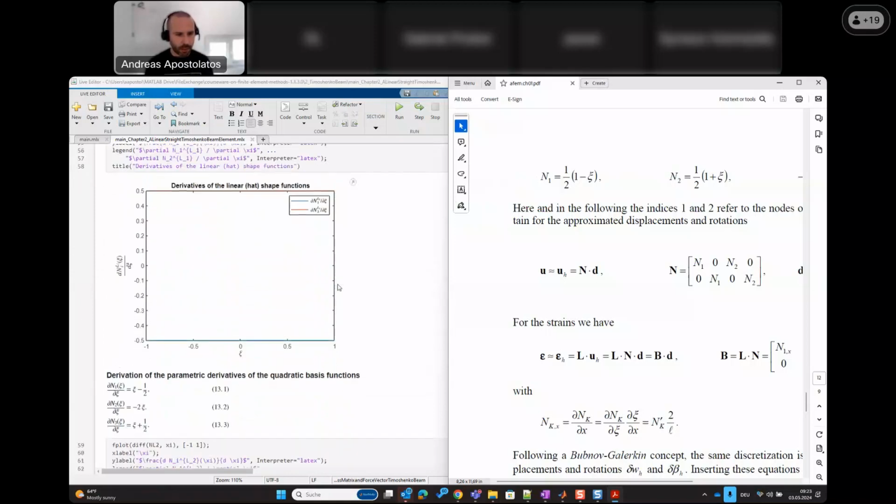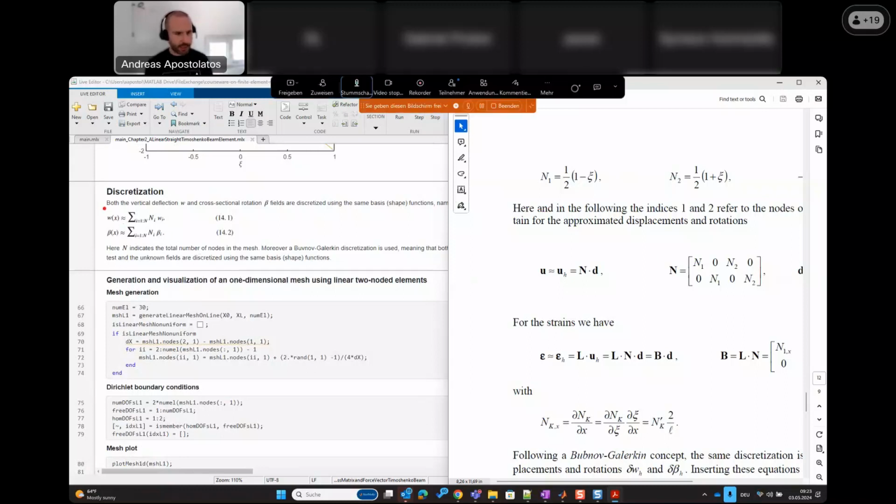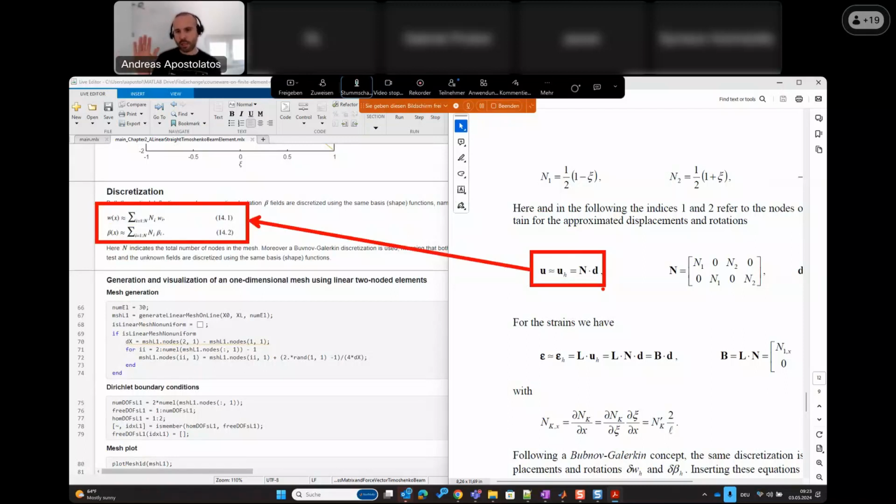On the right-hand side, you see what is written on the PDF, and on the left side is what you see on the live script. It's basically the psi and the W and the betas are described by means of the shape functions here. So the N_i's.